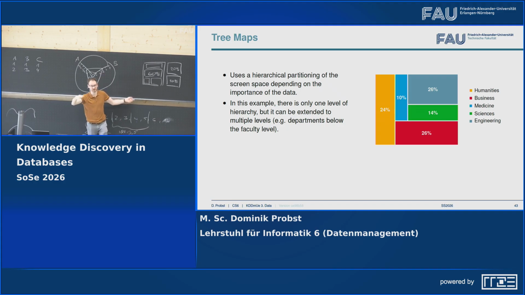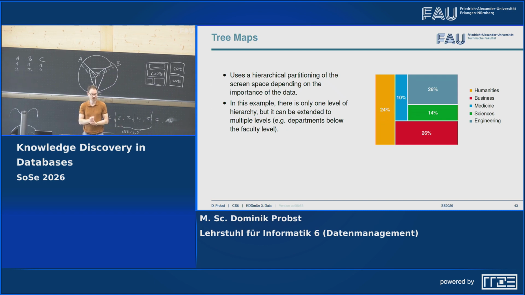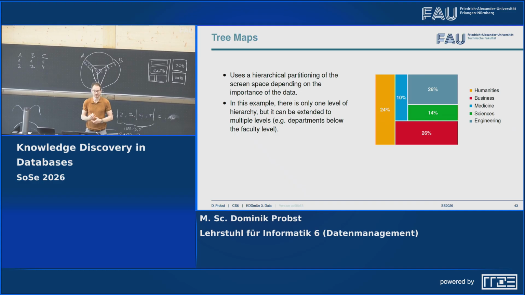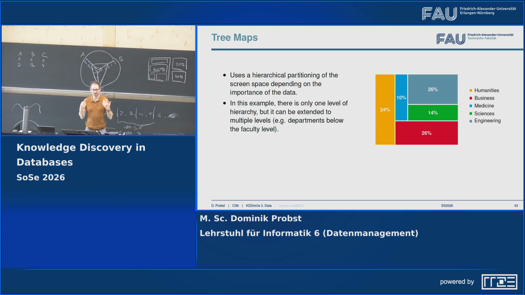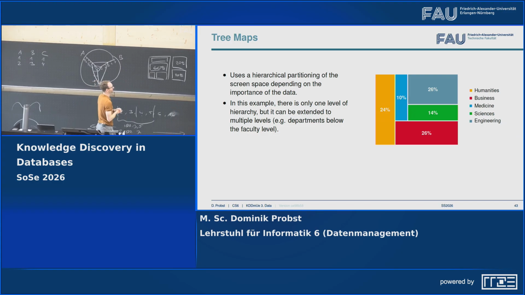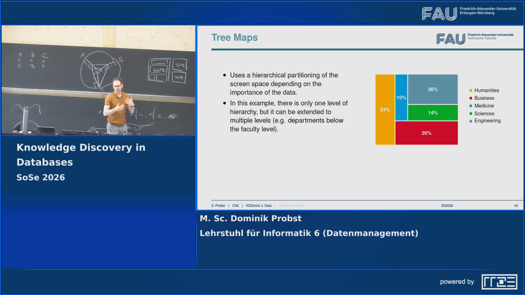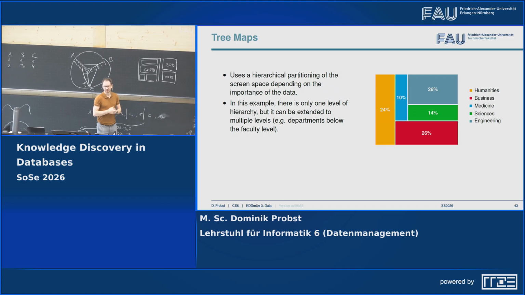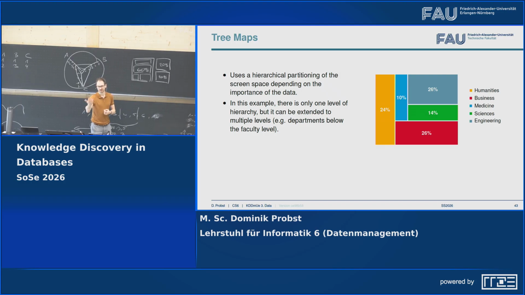We have a 100% rectangle, which we can split up according to the distribution. So a tree map is a more useful, useful is not that good of a word in here, but it's a visualization which is mightier than an icon map.